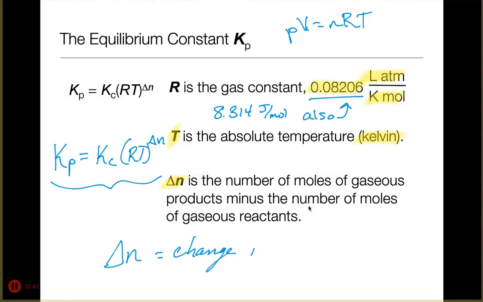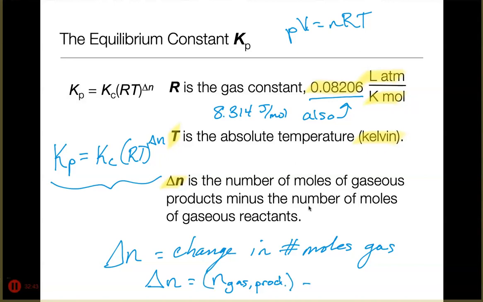So delta N for a reaction equals the number of moles of gas of products, that's my final, effectively, minus the number of moles of gas in my reactants, which you can think of as initial. Same idea as delta, final minus initial. But it doesn't get much harder than that other than plug and chug.